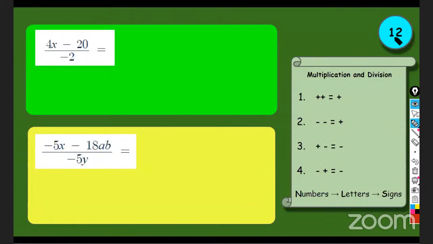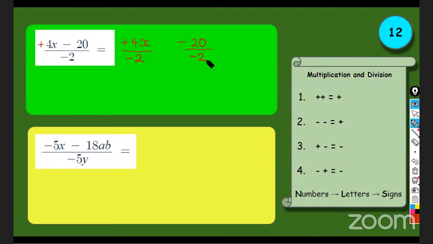So let's put in our missing signs first and then rewrite this question properly. This 4x is missing a positive sign, so put it positive there. I want you all to rewrite the question like this. You see this positive 4x and this -20, separate them. And everybody individually gets divided by who? -2.